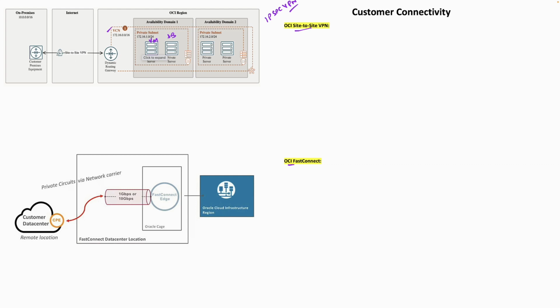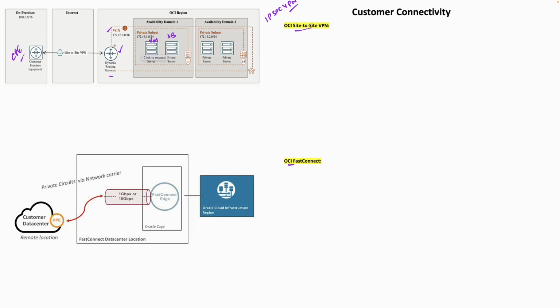You will have a VPN set up between the CPE, or customer premise equipment device, which will have its own public IP address, and the OCI side, and it's done via the dynamic routing gateway, which is quite important. This dynamic routing gateway is set up on your VCN.